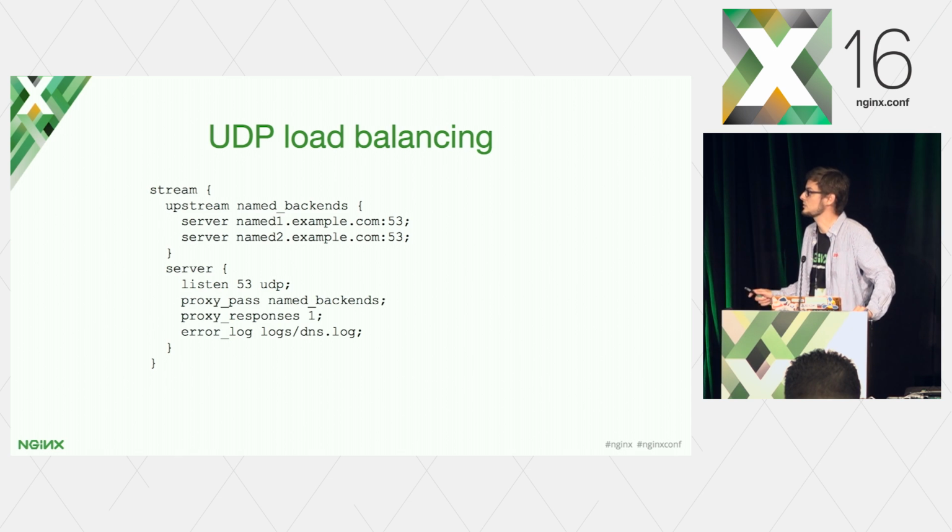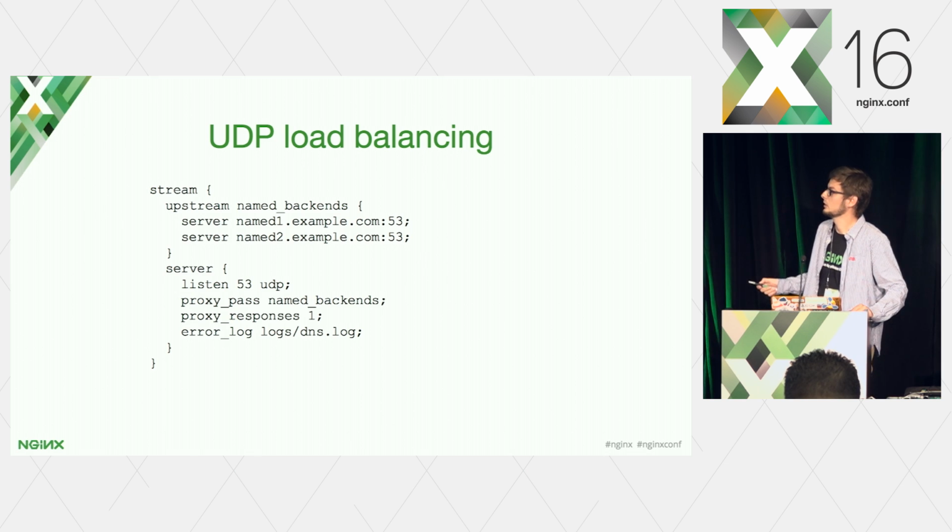In this configuration, as you can see, I'm doing some DNS load balancing. I've defined an upstream block of two backends. The same thing goes for the listen directive, but I'm using a UDP keyword to tell NGINX to listen on UDP on this port.